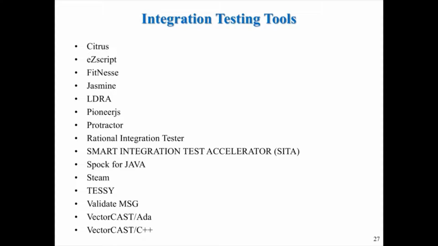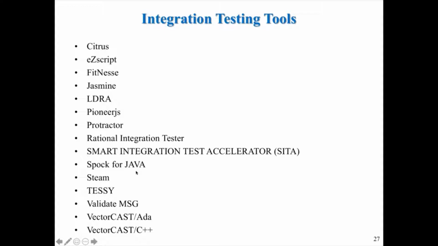What are the automated tools available for integration testing? This is a good list, but again, this is not all. These are some of the major software tools that you can use for integration testing, including Citrus, Easy Scripts, Fitness, Jasmine, LDRA, Pioneers JS, and so on.